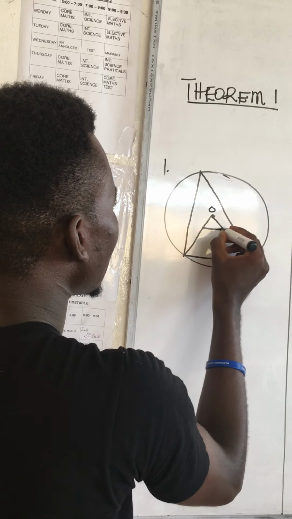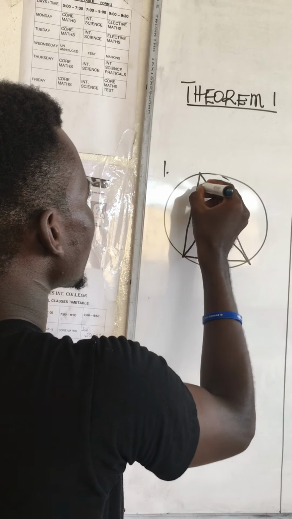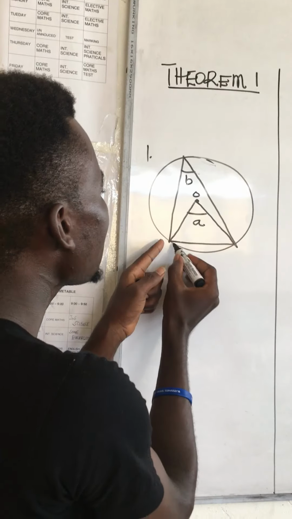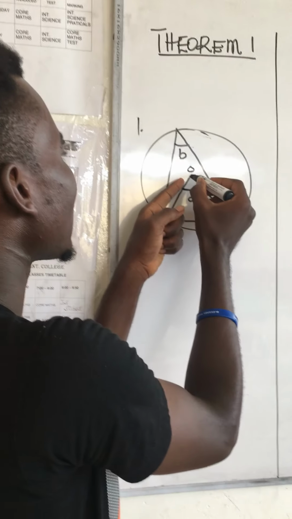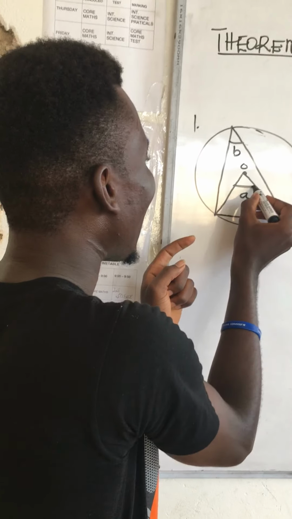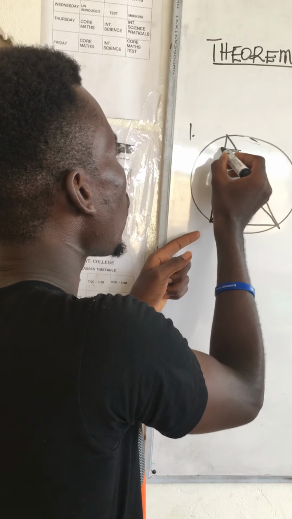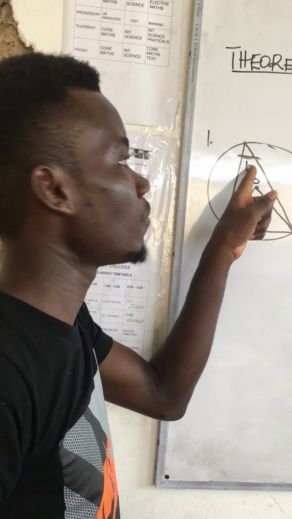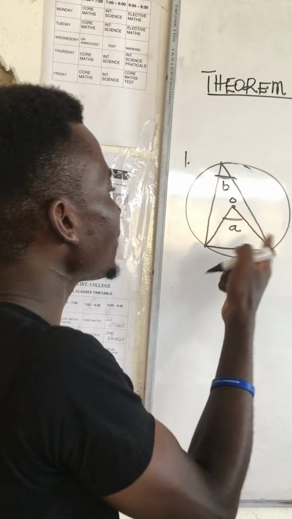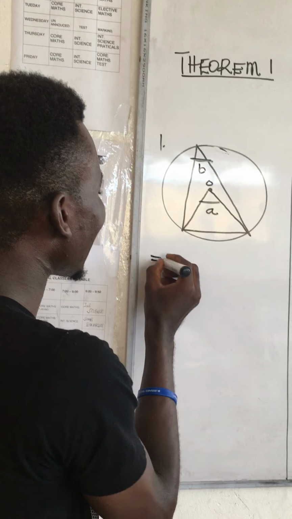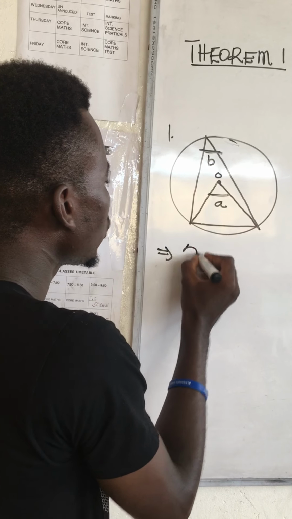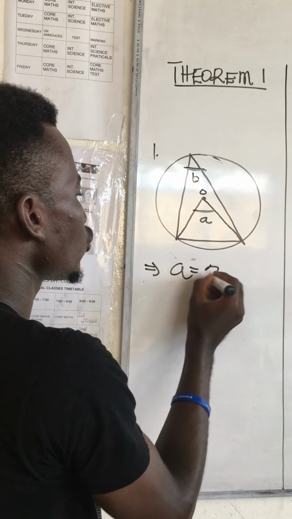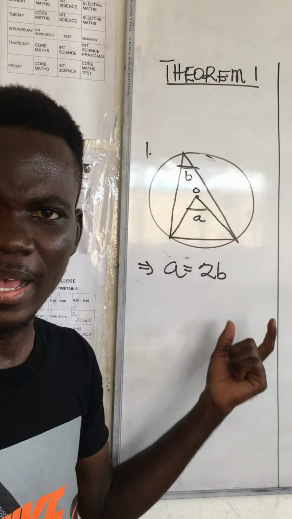Let's say this side is our A, then this side is our B. If the chord forms an angle at the center, this is the mother, then this will be the son or the daughter. So half of the mother gives you the son, and twice the son gives you the mother. So this implies that 2 times B will be equal to A.